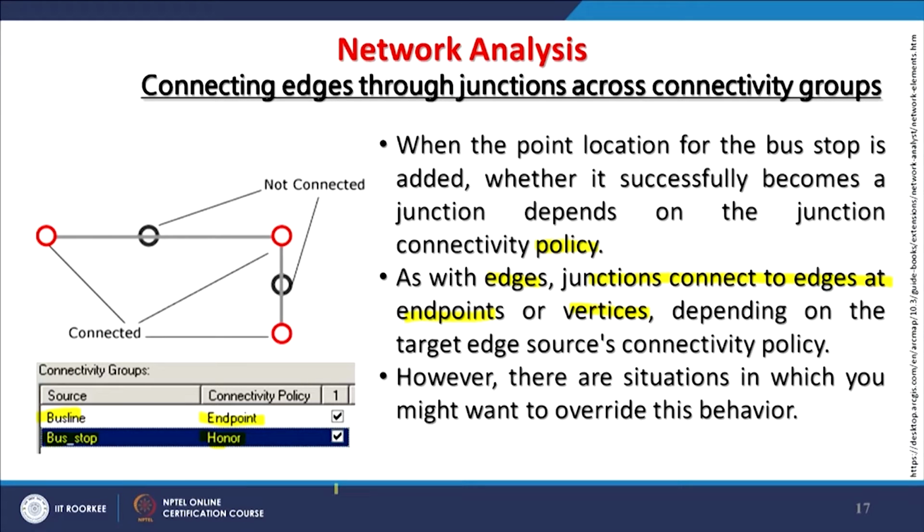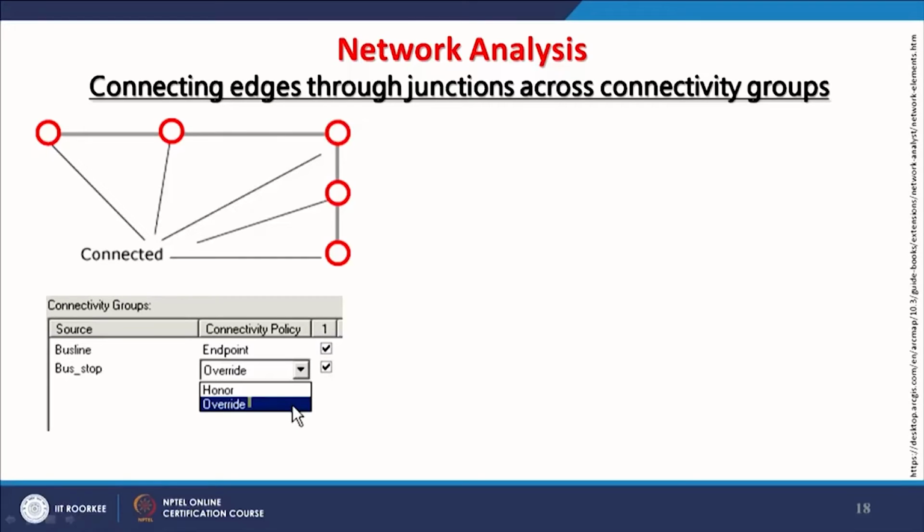So, there may be a situation in which you might want to override this behavior or policy, and that can also be changed because everything is in digital form. Now, when you go for creating this, there will be options available in good software, like here it says honor or override. If you want to honor that connectivity policy, you can choose accordingly.